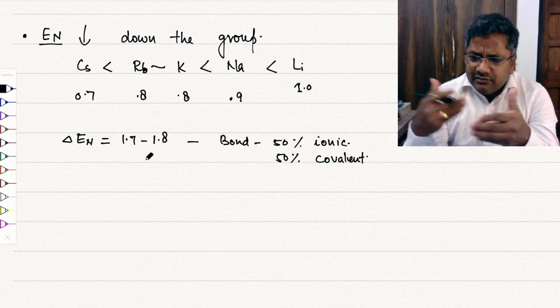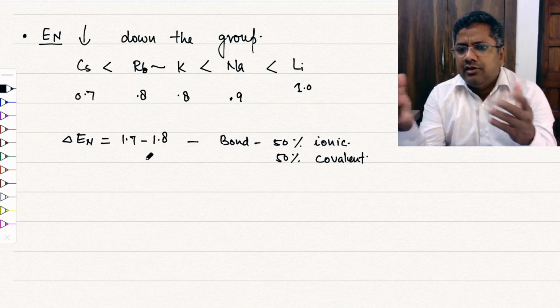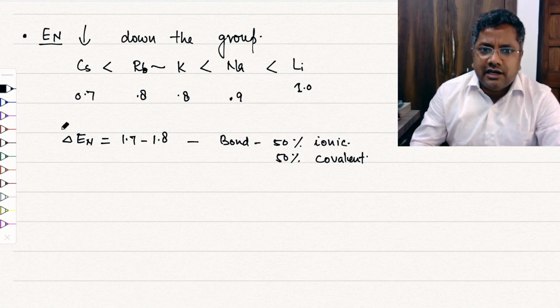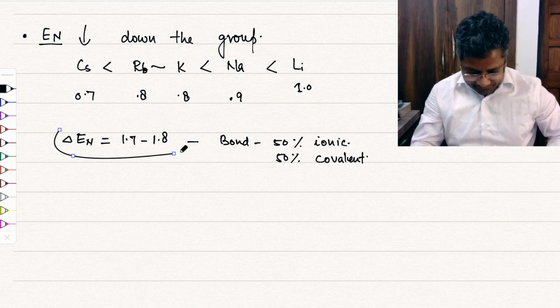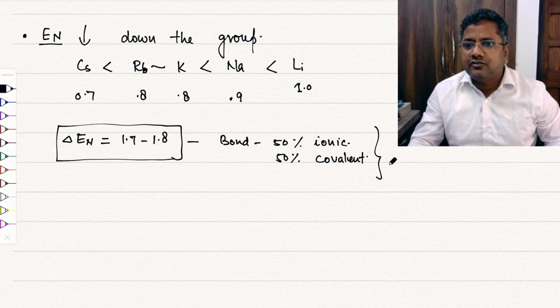As the difference increases, obviously the molecule is ionic. This is the borderline, and by comparing with this range, you can identify whether the bond is covalent or ionic.